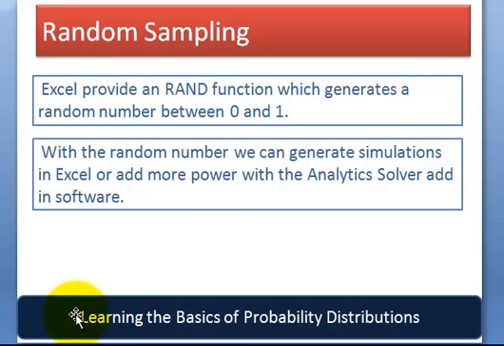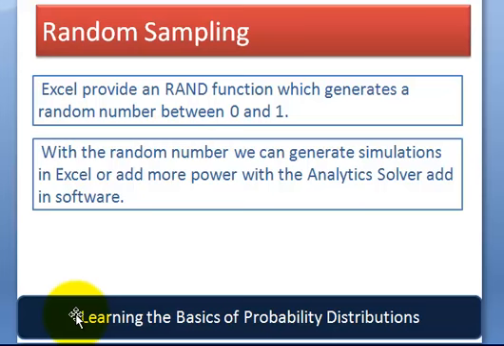We can instantaneously run 1,000 simulations, which is an example we go through. It gives us the power to take probability, put it into a distribution, and then once we have that distribution, we can run multiple simulations.